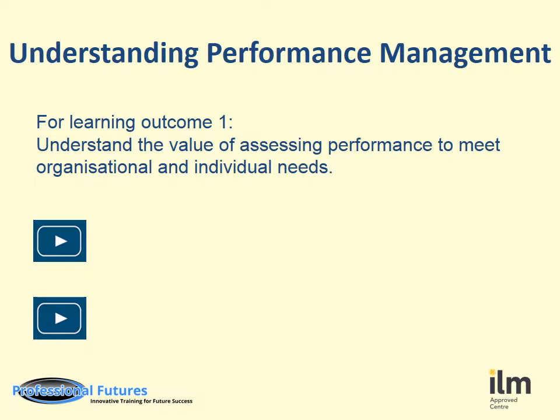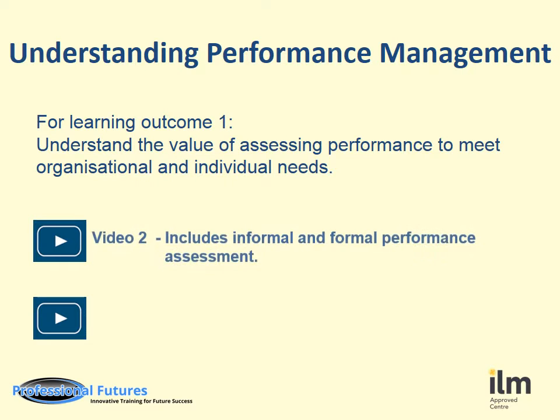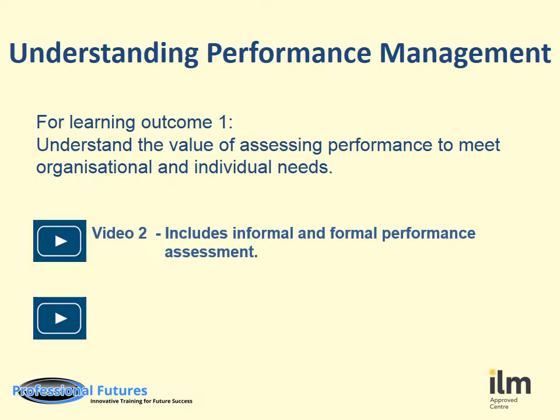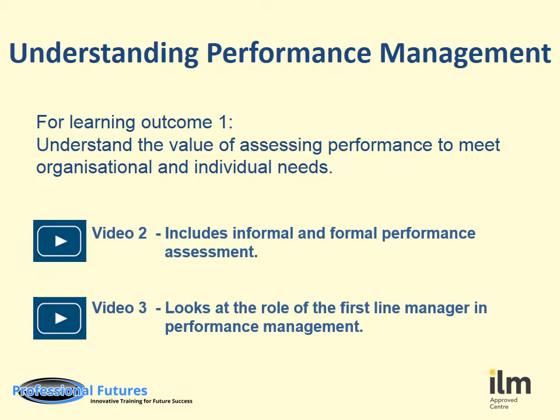To support you with learning outcome 1, there are 2 videos available. Video 2 covers including informal and formal performance assessment, whilst video 3 looks at the role of the first-line manager in performance management.